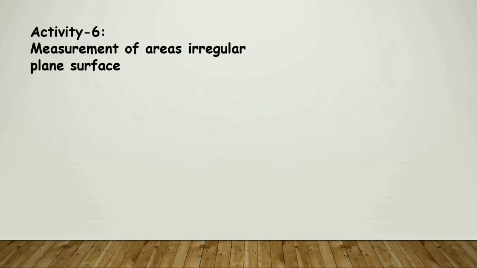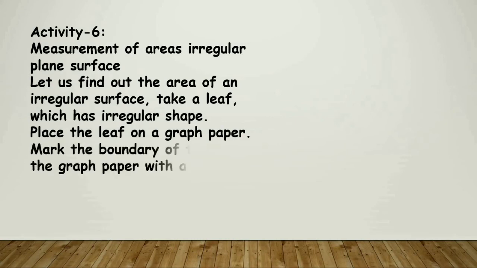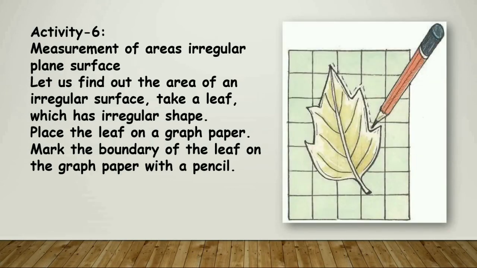In activity 6, measurement of areas of irregular plane surfaces. Let us find out the area of an irregular surface. Take a leaf which has an irregular shape. Place the leaf on a graph paper. Mark the boundary of the leaf on the graph paper with a pencil, like this.